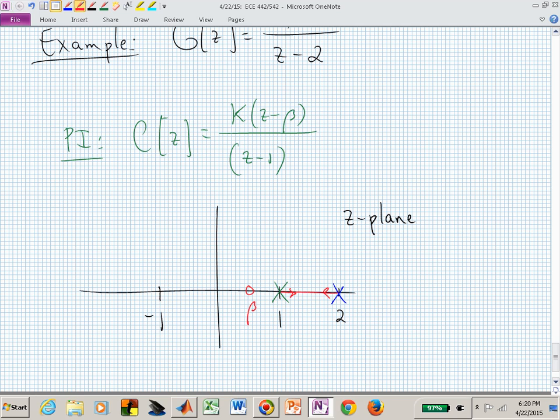How many zeros at infinity? 1. My finger's not changing, is it? It's stuck. What's the asymptote? 180 divided by that 1, the pole zero excess. And if we have a breakaway, let's just say it's right there. There's our radius.